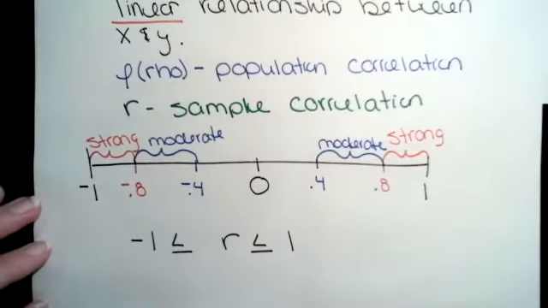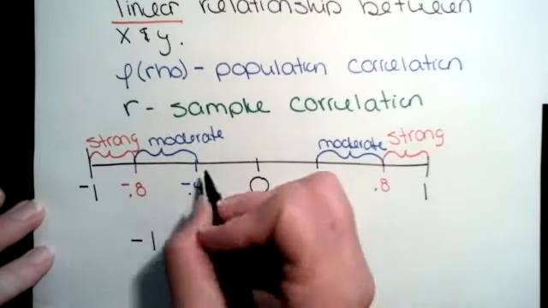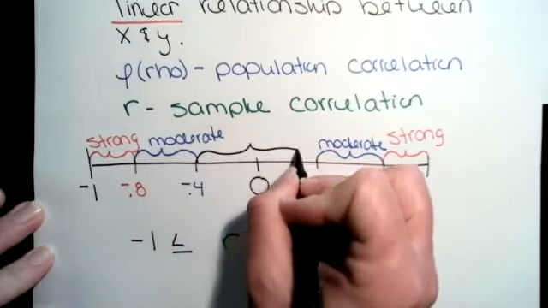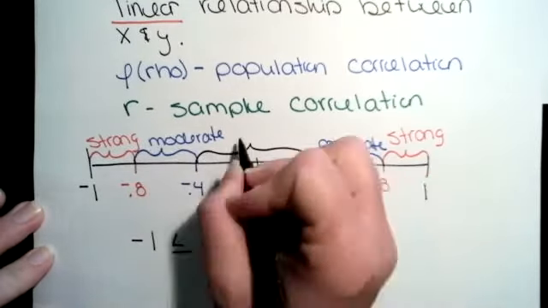Then everything in the middle here, from -0.4 all the way to +0.4, this would be considered a weak linear relationship. And if we have an R value right here of 0, this indicates no linear relationship.